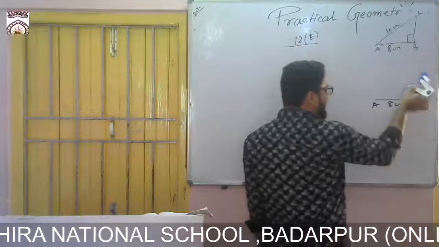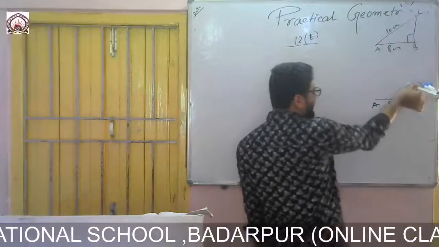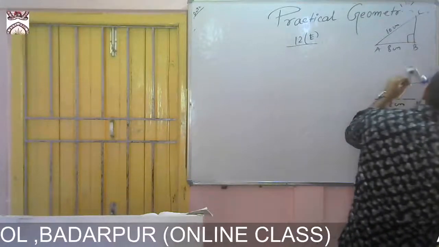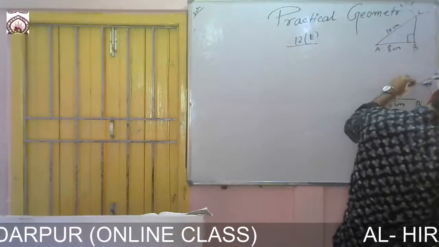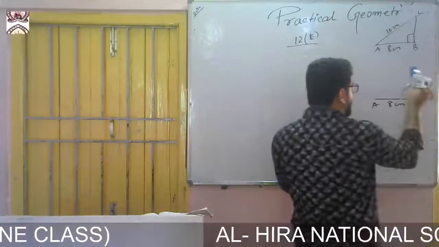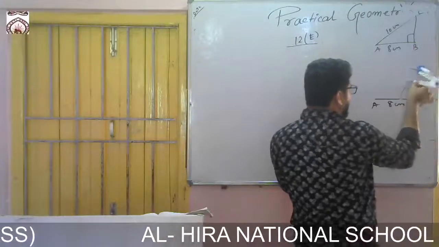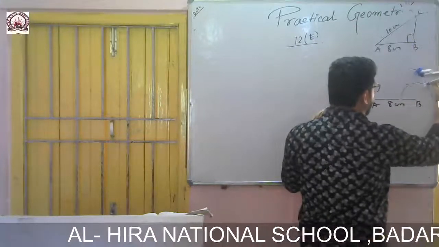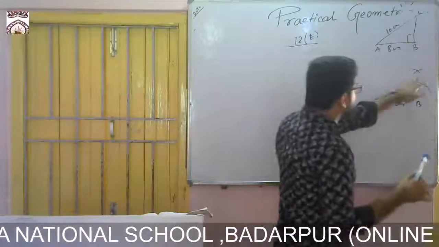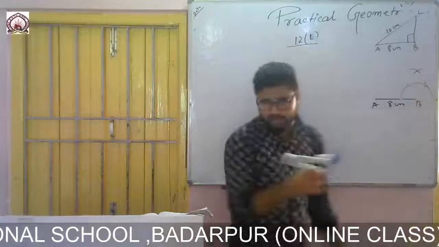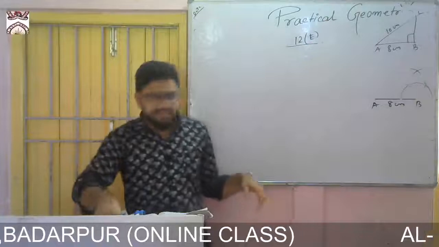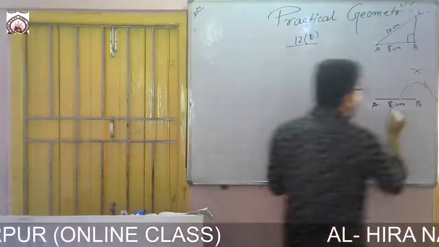Again without changing, from there draw another, and again from this draw another. Then join this point of intersection and this point of intersection, and you will get the perpendicular.